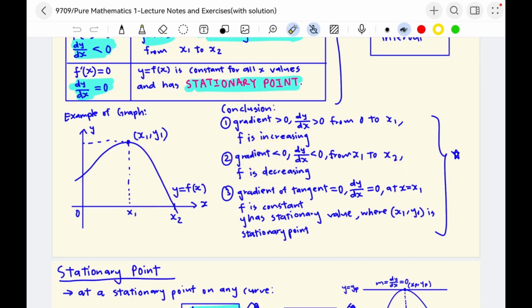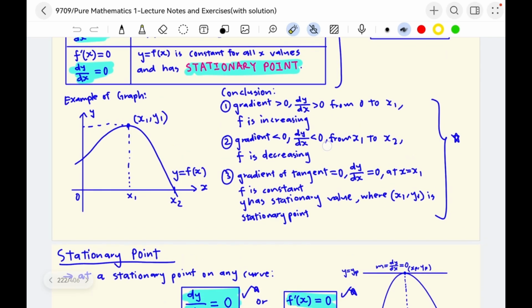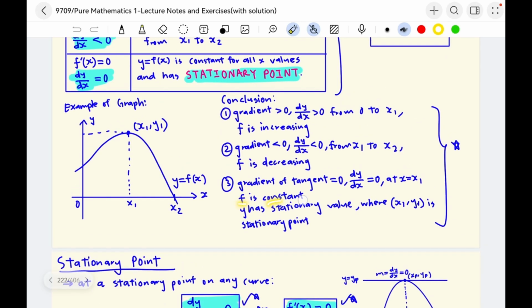And the gradient of the tangent is equal to 0 at x equals x1, which means that this point is a maximum point, or a turning point, or stationary point, where f is constant for the x value. I mean, when you walk through each coordinate on its tangent, the y value is always the same.